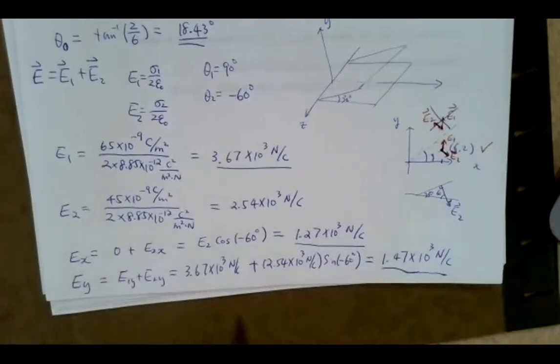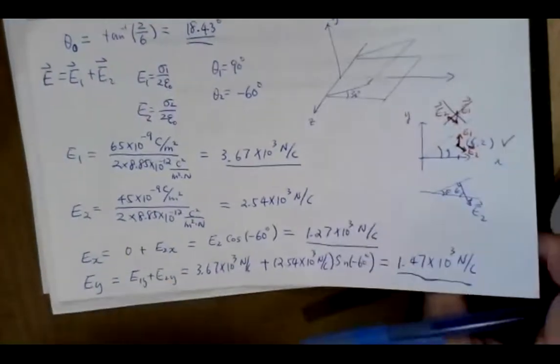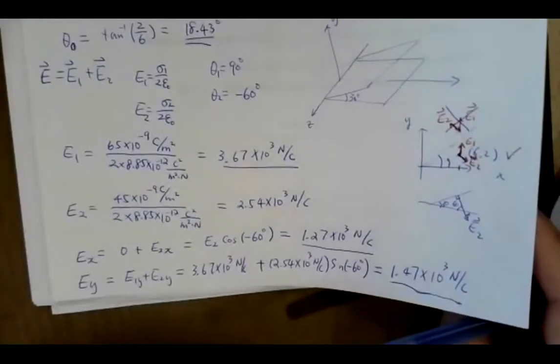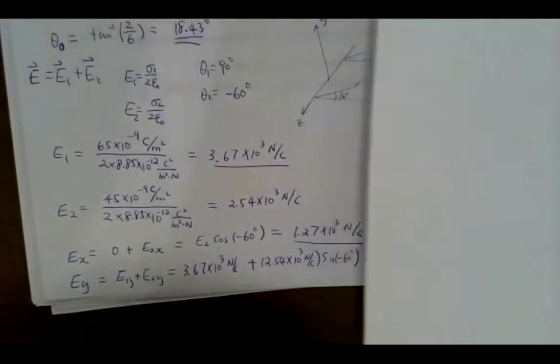Now you have the X and Y component. You can calculate the magnitude of the overall. So you do EX squared plus EY squared. This is something you might want to refresh your memory on, vector addition. So E is equal to square root of EX squared plus EY squared.